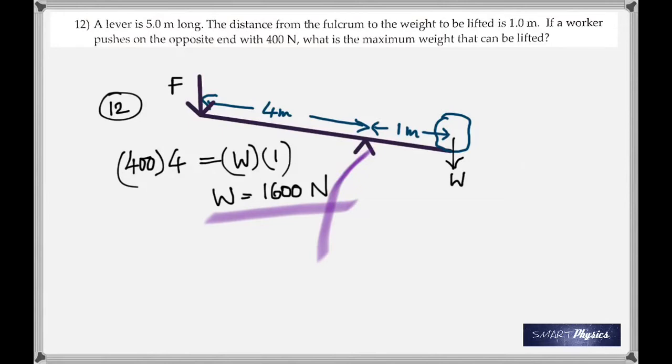Now here the F creates the counterclockwise torque while the weight creates the clockwise torque, and you have to have the perspective of where the fulcrum is. That's why this is trying to rotate it this way, counterclockwise, and this is clockwise, because the fulcrum is here. All right. That brings us to the next question.